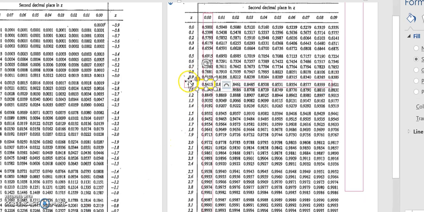So we need to move our row over to negative 0.3.